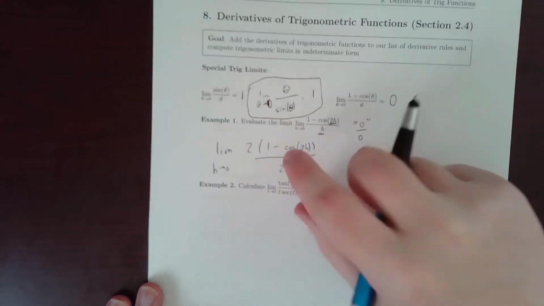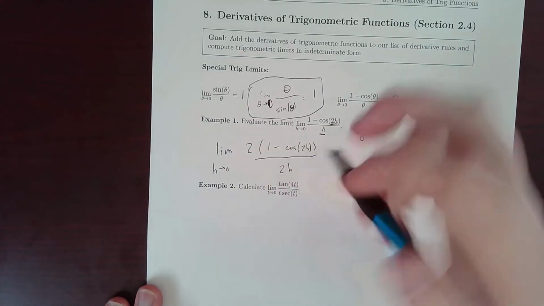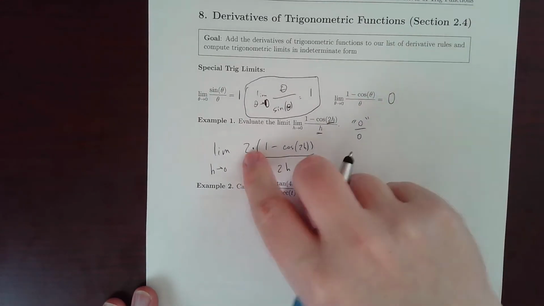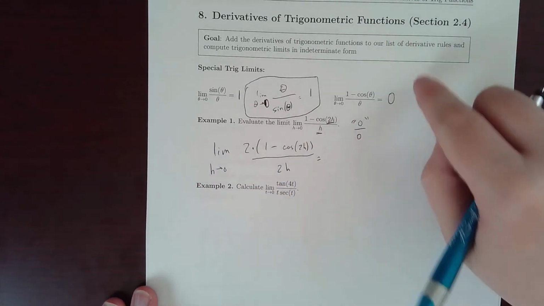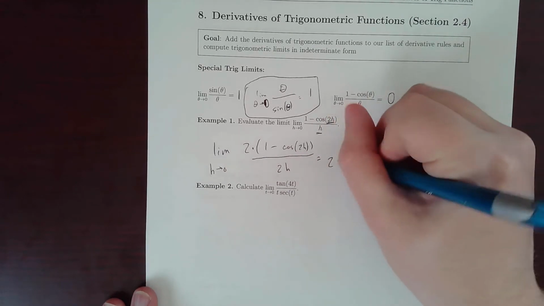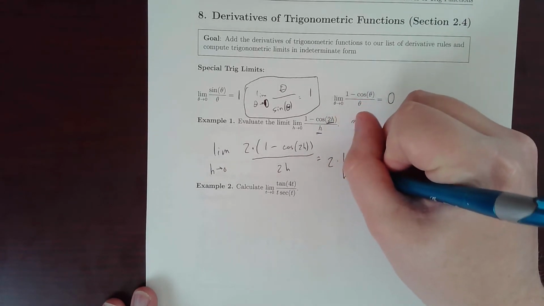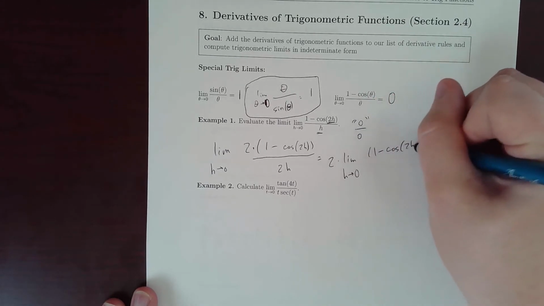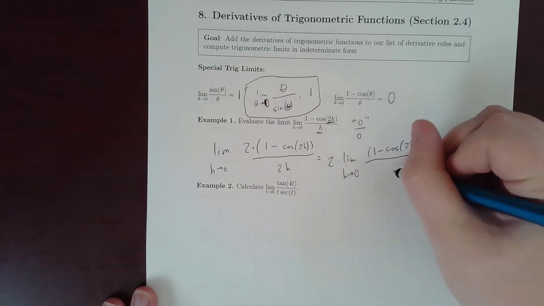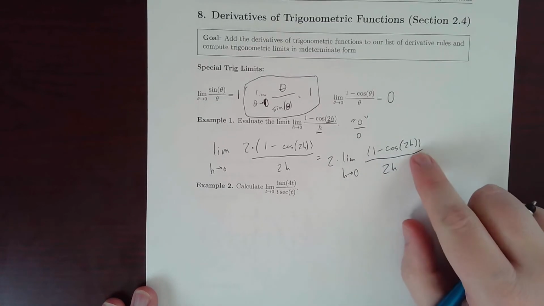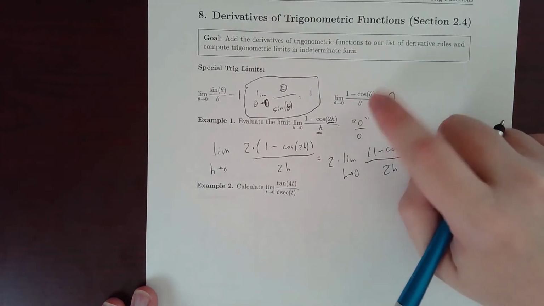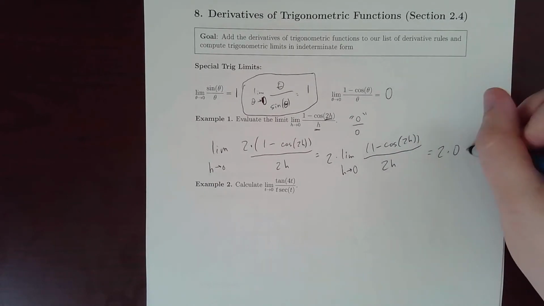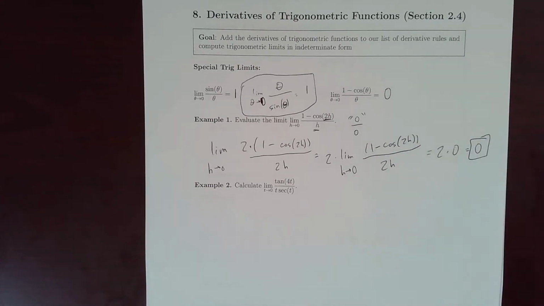And so now just looking at this part here, and thinking of this whole thing as being multiplied by 2, we can pull the 2 out of the limit, and then that gives us 2 times the limit as h approaches 0 of 1 minus cosine of 2h over 2h, and now this and this match, and so we can apply this limit here, and we'll get 2 times 0, which is just going to be 0.